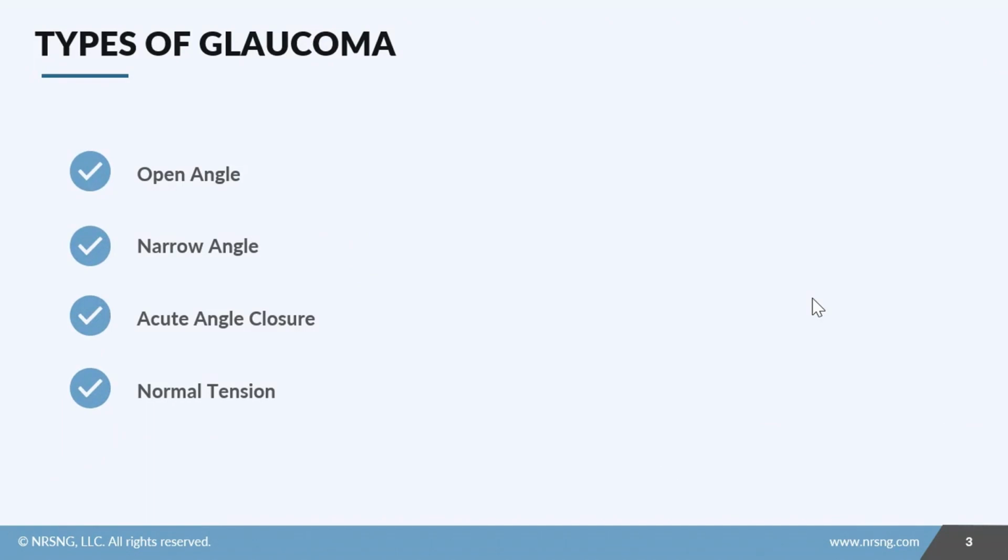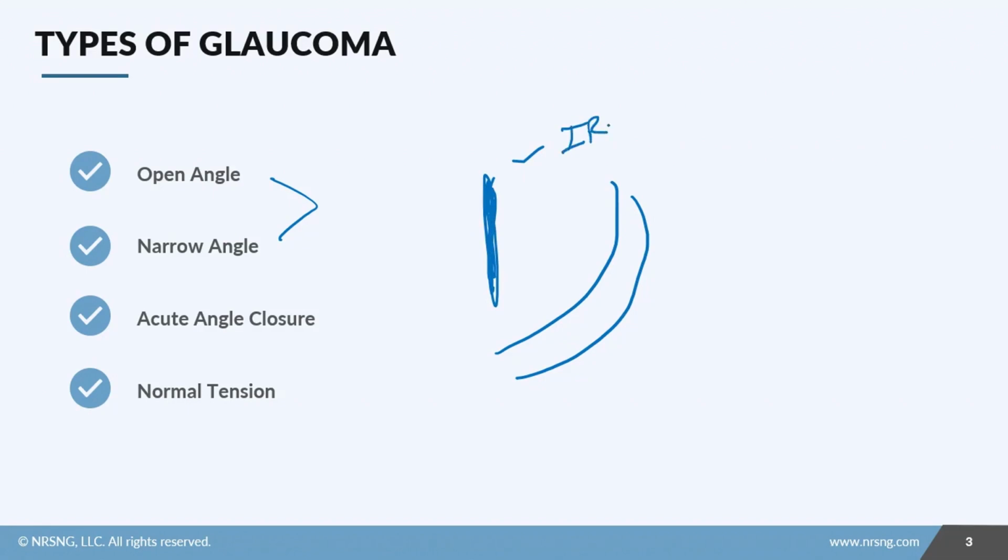Now that we have a better understanding of glaucoma, we're going to look at different types of glaucoma. There are two different types of chronic glaucoma, open angle and narrow angle. Let's draw it. So here is your drainage angle.